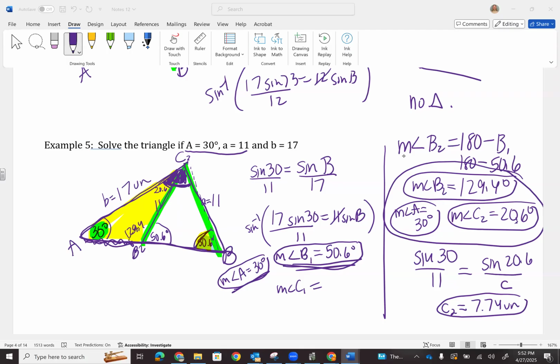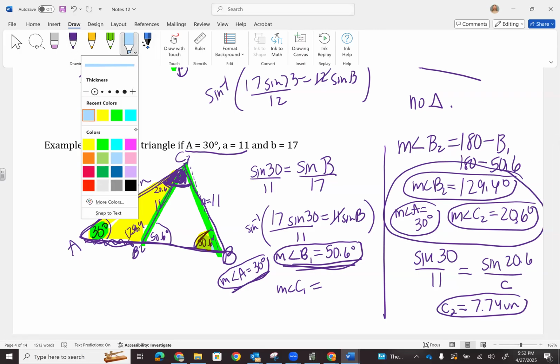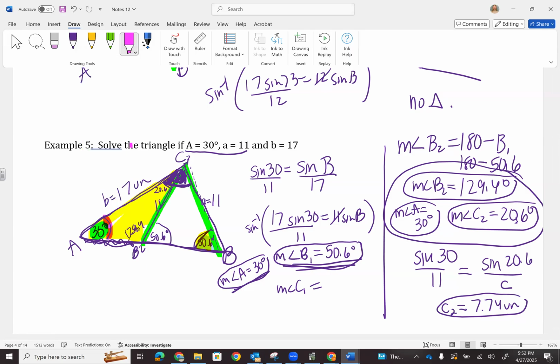Okay, back to us. In the bigger triangle, it's a little bit weird to see, but the given angle here is 30. We have the given side over here. We found this first angle there, and then we need to find the angle at the top. 180 minus those two angles gives us 99.4 degrees.